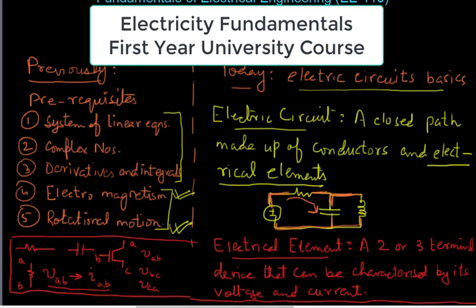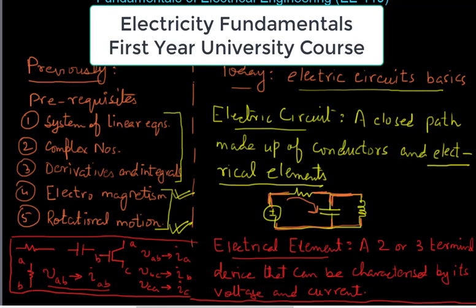And for VAB, you need to know the current entering the terminal A. For VBC, you need to know the current entering the terminal B. And for VCA voltage, you need to know the current entering terminal C. So this is what an electrical element is: a two or three terminal device that can be characterized by its voltage and current relationships.